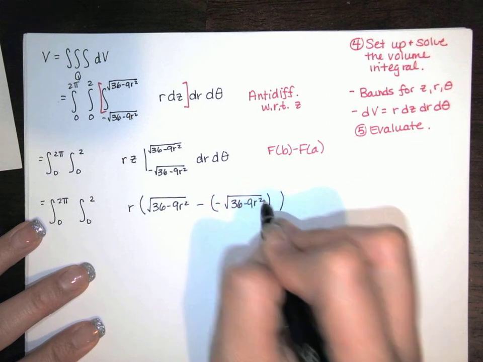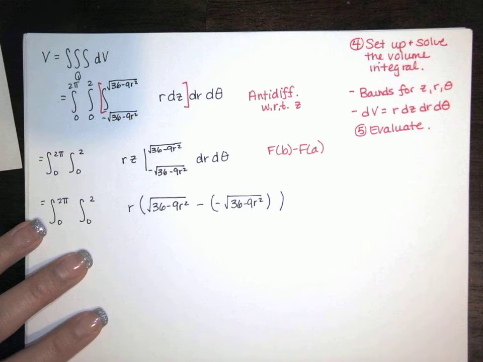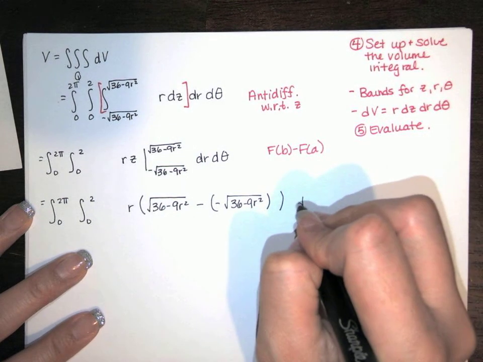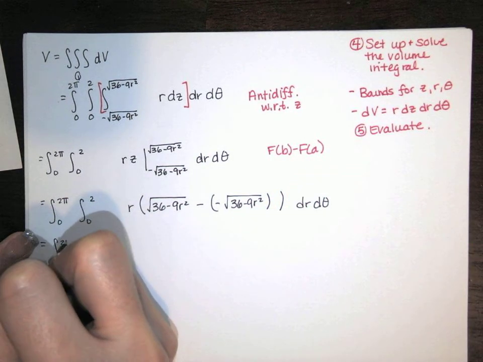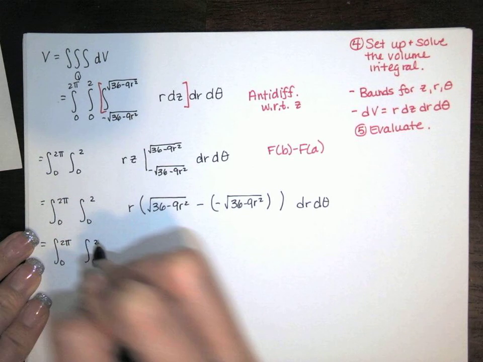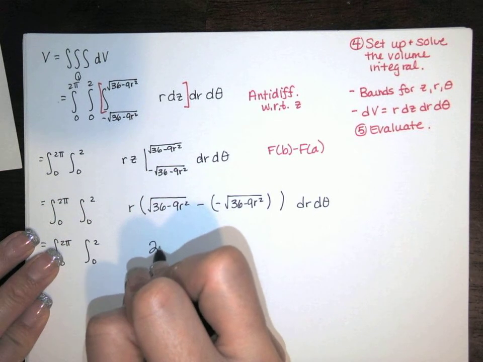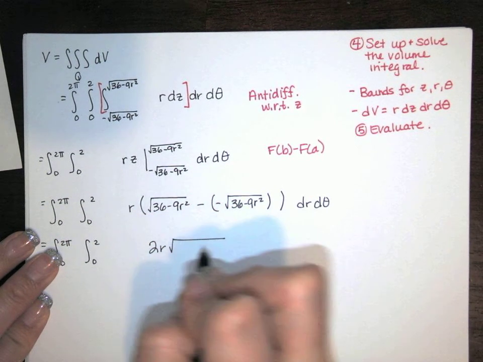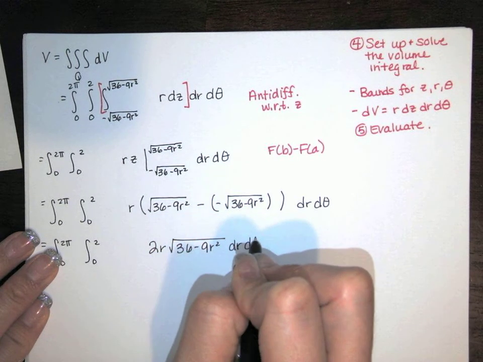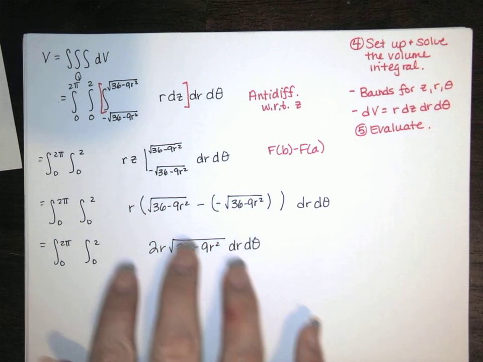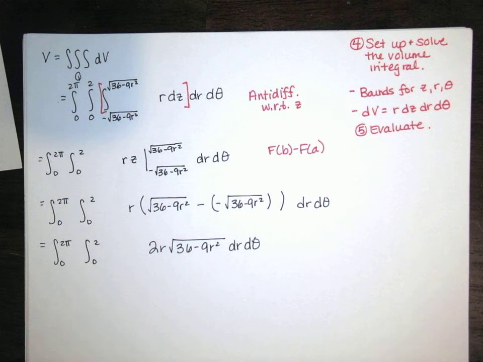So we're subtracting a negative, so that means we're adding. So I've got two of those. So I have 2r out here times the square root of 36 minus 9r squared dr d theta. This is an abnormal amount of space. Sorry about that.